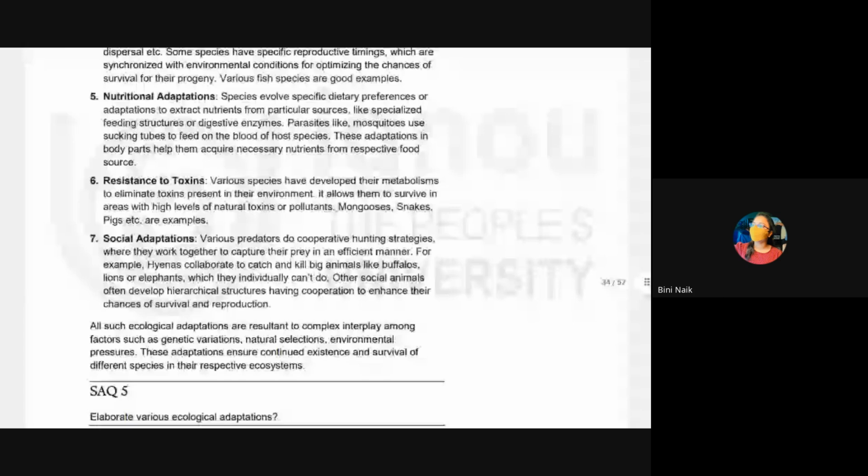Then resistance to toxins. Toxins means what? Anything can be a toxin for any organism. There are a few pollutants, and if my body is not adapted to very dusty conditions, and I migrate to some place which is characterized by dust all around the year, then the body will start adapting to those conditions.